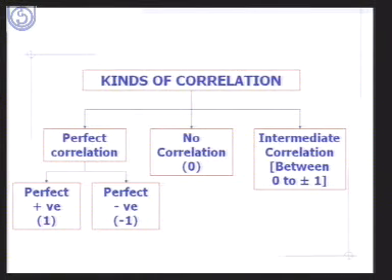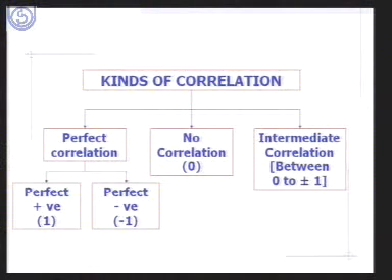We have already explained perfect correlation, no correlation, and intermediate correlation. When we talk about perfect relationship, if there is an increase in one variable, there is a proportionate increase in another variable, then we call it a perfect relationship. Similarly, if there is an increase in one variable and a corresponding proportionate decrease in another variable, that is known as perfect negative correlation.